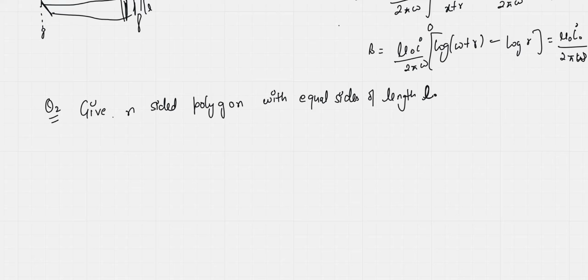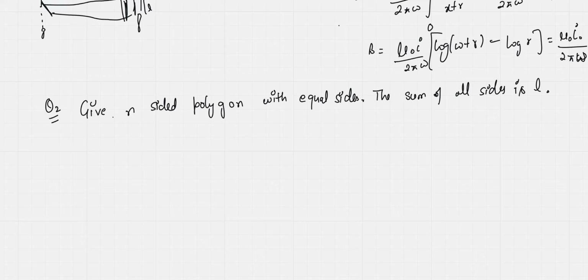Assume that I'm not giving you the length of each side. Just assume it to be equal sides. Also, the sum of all sides is L. This thing is given to you.